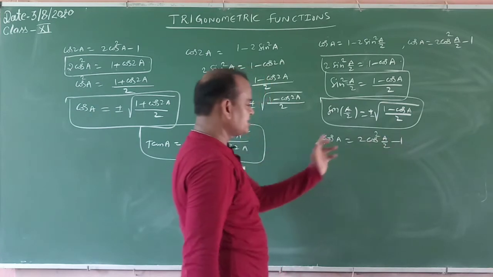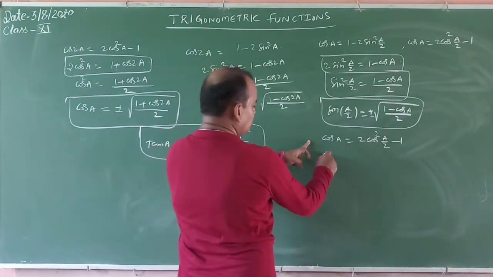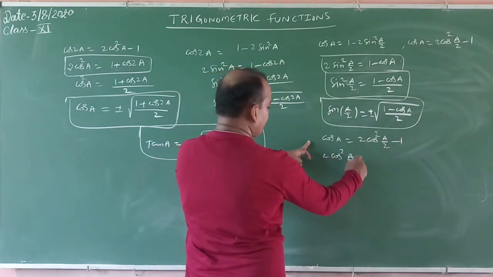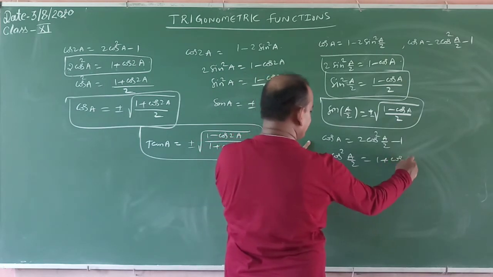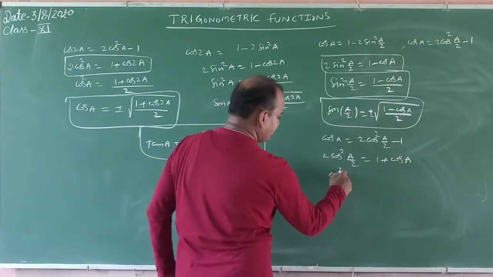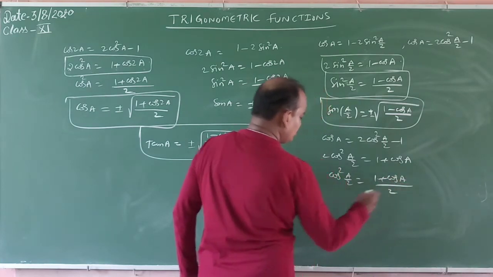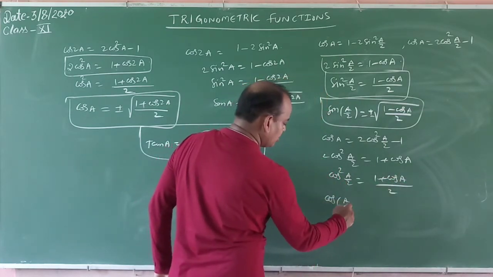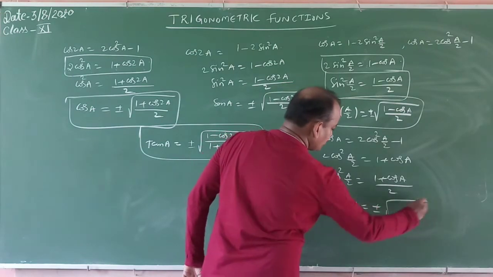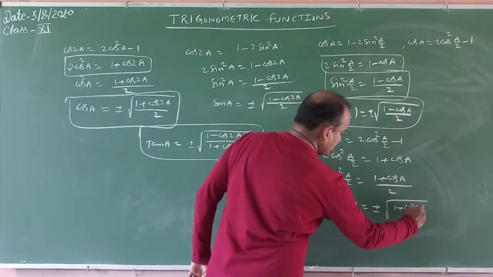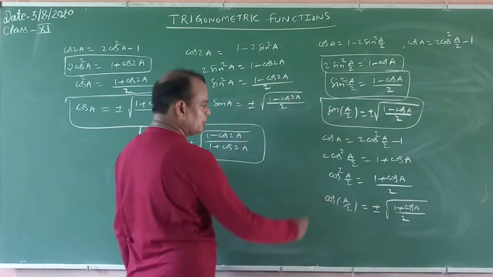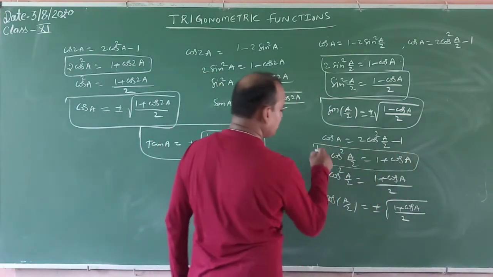Moving this side means plus: 2 cos square a by 2 is equal to 1 plus cos a. Now cos square a by 2 is equal to 1 plus cos a by 2. Now cos a by 2 is equal to plus or minus root over 1 plus cos a by 2. These are very, very important formulas.